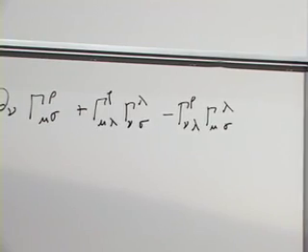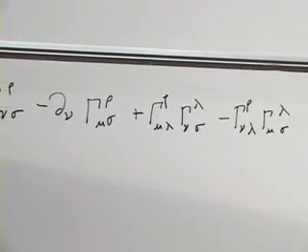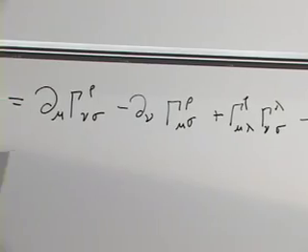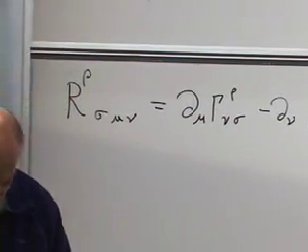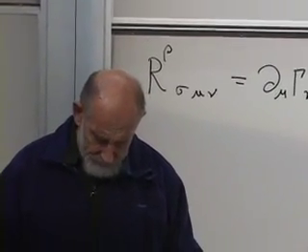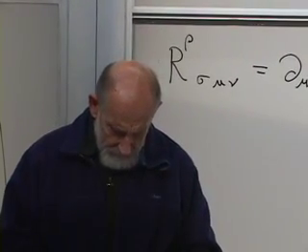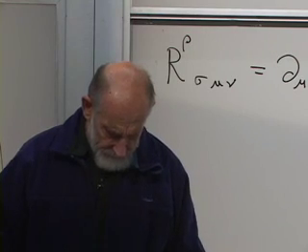Okay. That's the Riemann tensor, and as I said, it involves derivatives of the Christoffel symbols, and it's not hard to work out. That's it.